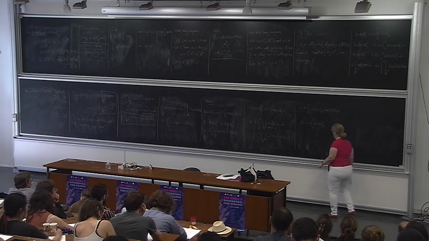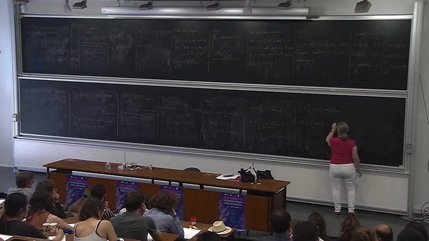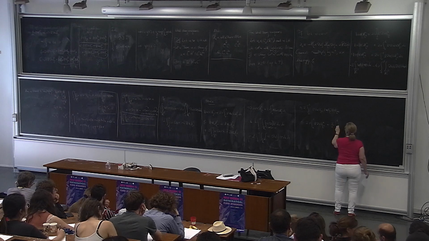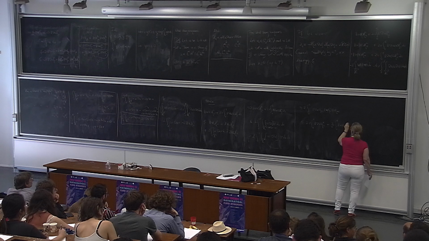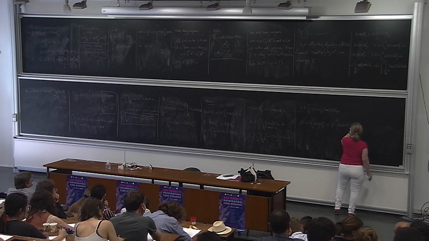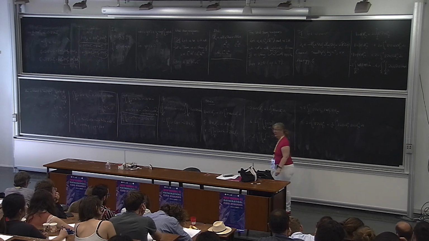the L2 norm squared plus 2 over nu times the L2 norm of W squared times the L infinity norm of V squared.